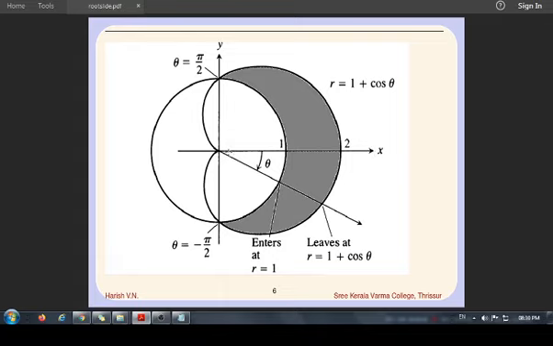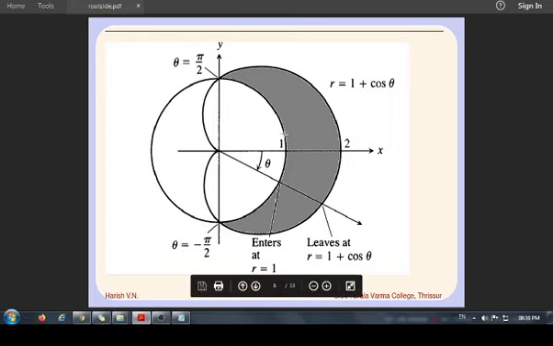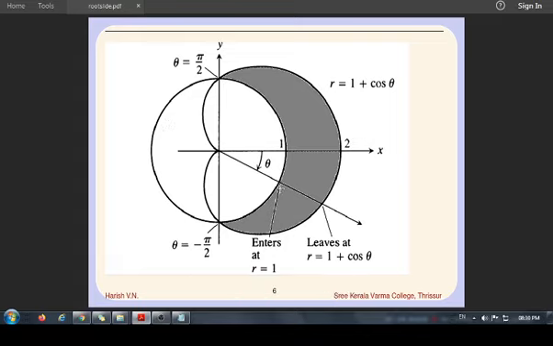So a typical ray like this enters the region when r is equal to 1, because this is the r equal to 1 circle. So at r equal to 1, this ray enters the region R, and when r is equal to 1 plus cos theta, this ray leaves the region.